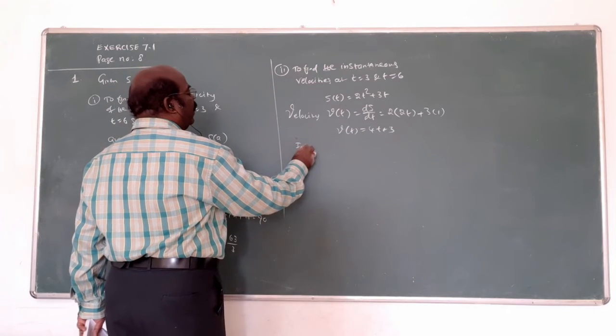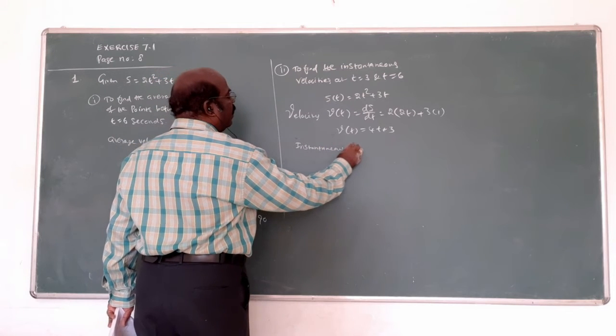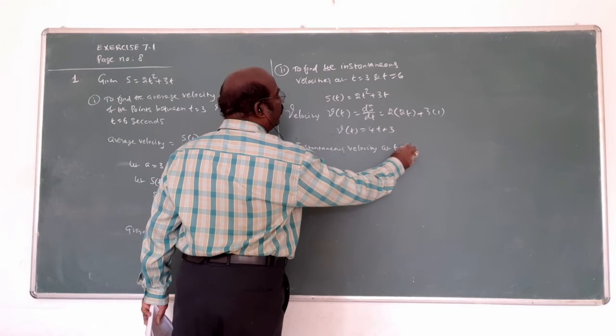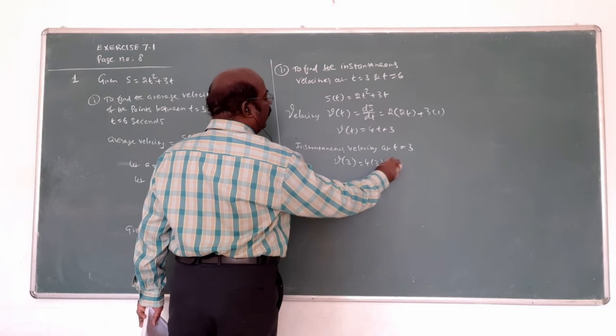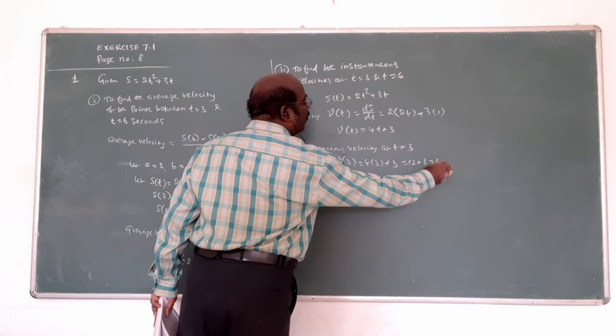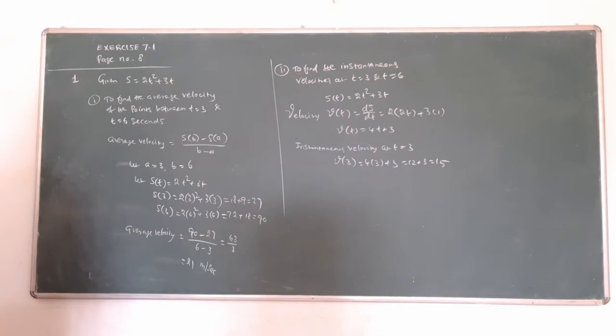Now, therefore, instantaneous velocity at t equal to 3 is v of 3, 4 into 3 plus 3, that is 12 plus 3 is 15. This is the first answer. Similarly, you will find instantaneous velocity at t equal to 6.